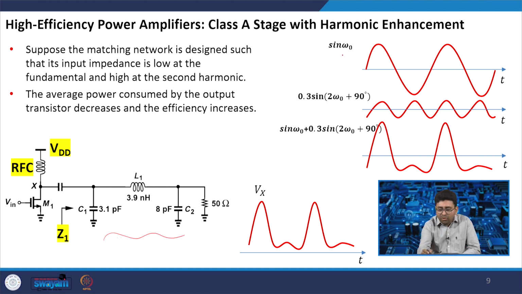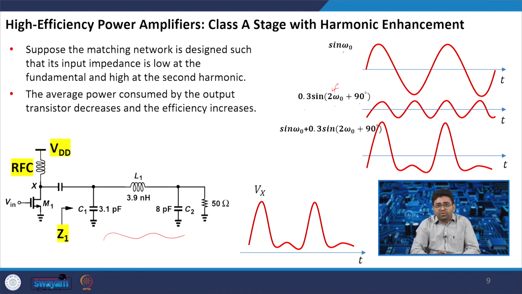There is a sine omega naught t, and for the second harmonic, 0.3 sine of 2 omega naught t plus 90. If we have a combination of these two signals, it will look something like this.